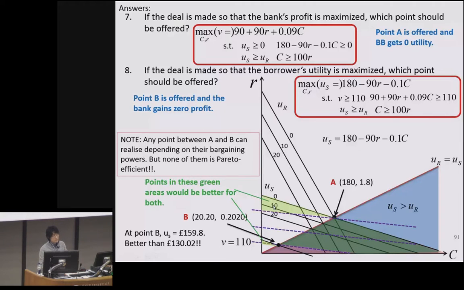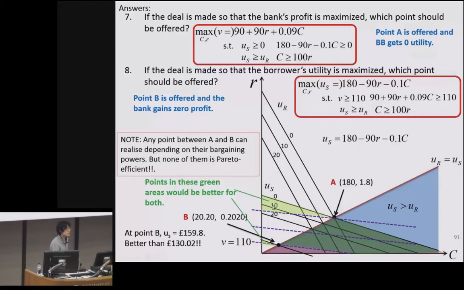If you compare that point and point A, you can see that with such a point, Brown Bakery's utility from selecting the safe project would be higher than at point A. Remember, US is larger in the direction of the origin. And the bank's payoff, represented by these purple dashed lines, is also higher at this point in this green area than at point A.